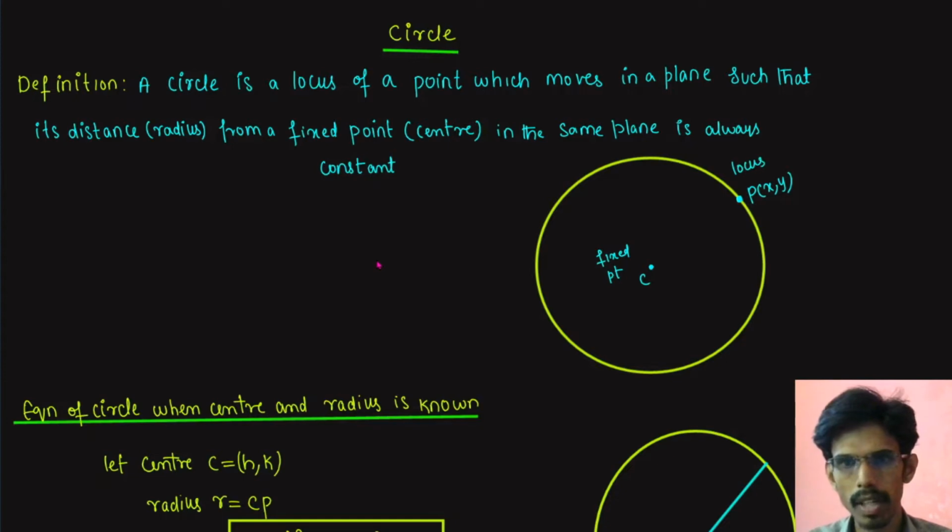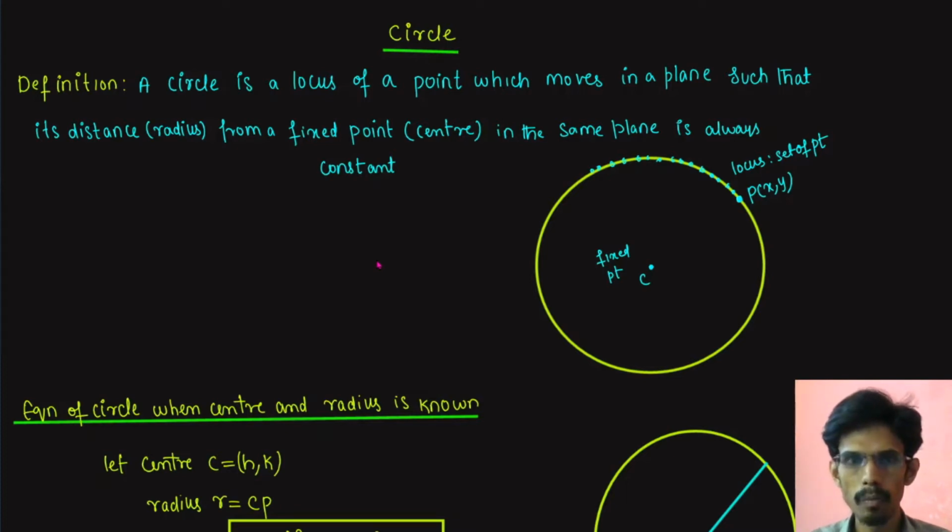Locus is nothing but set of points satisfying certain condition. So this circle is just the locus of these points. Joining of these points will give us a circle.